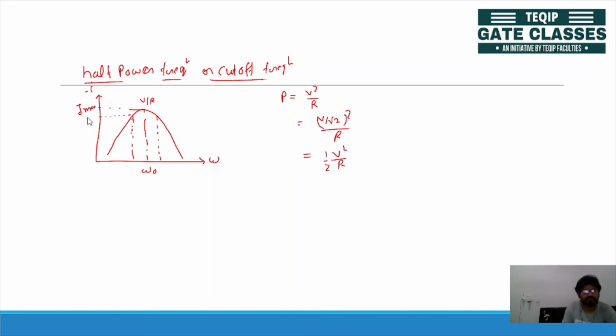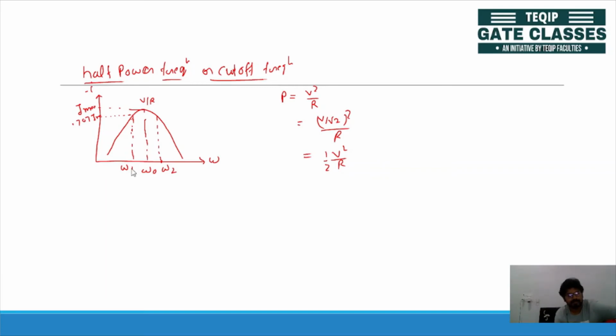Okay, this means this value is 0.707, that is 1 by root 2 of I max. So when the current has the value 0.707 I max, then this frequency is called the half power frequency or cutoff frequency, where power is half.